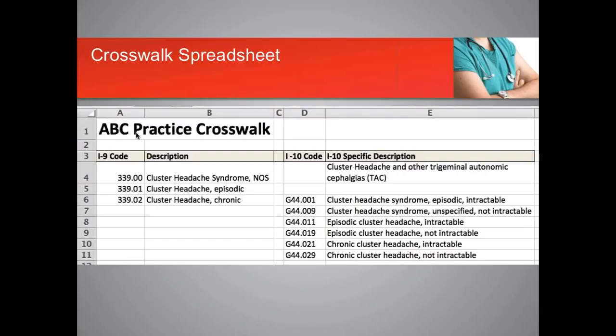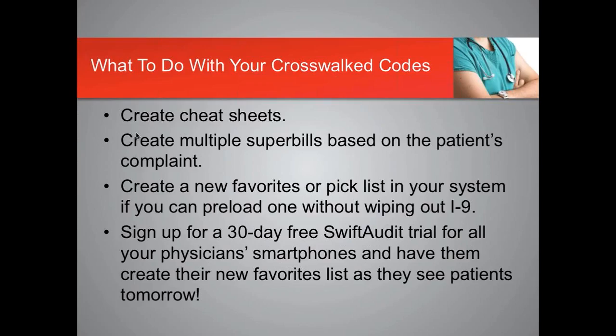And just to show you how many we have possible that would relate to the 3 we're looking at under I9, you can see it: episodic, chronic, intractable, non-intractable. And there's a lot of other things related to cluster headaches. When you look at that, you're going to see a long page of possibilities. So I just did a little snippet to show you what your crosswalk might look like.